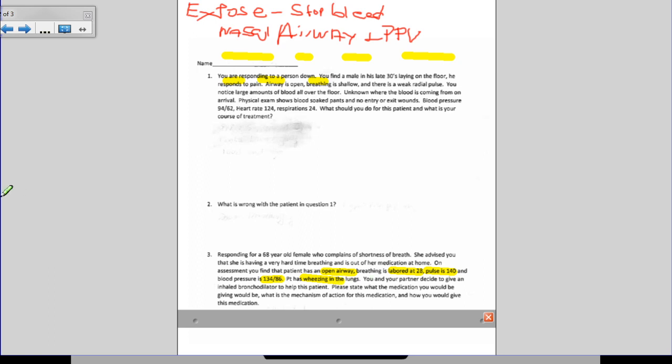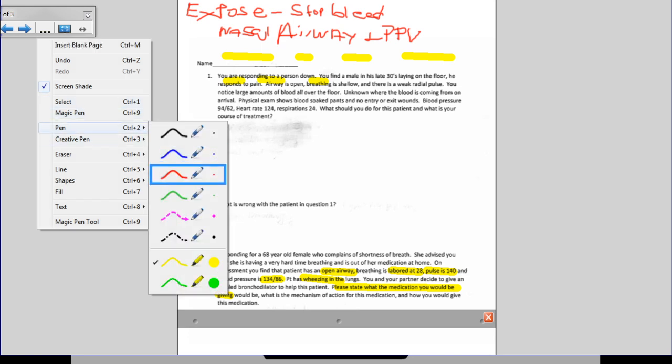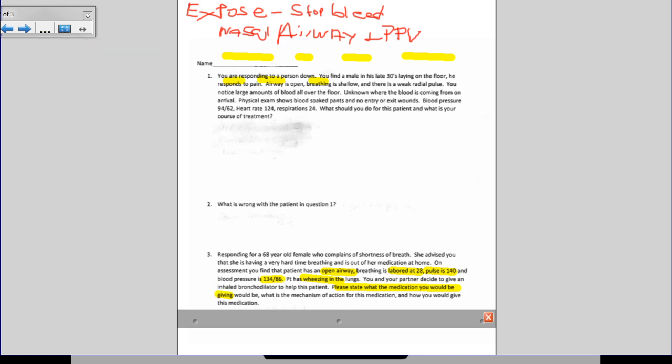All right, please state what medications you will be giving. So we know that it says we've decided to give an inhaled bronchial dilator. So that kind of gives some of that away, right? We should know that a good bronchial dilator is albuterol.